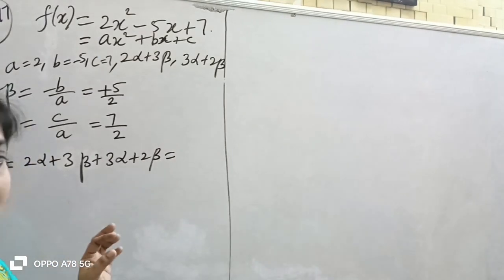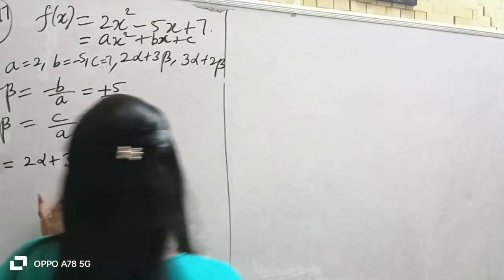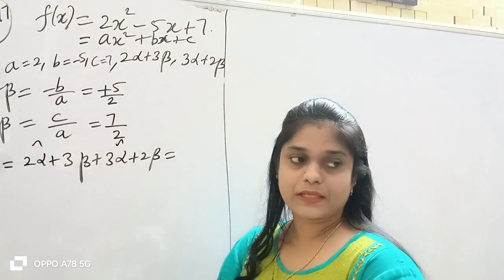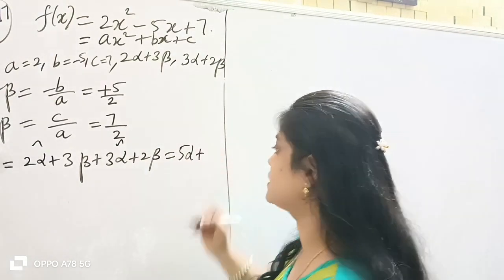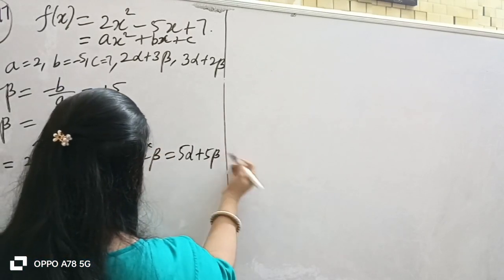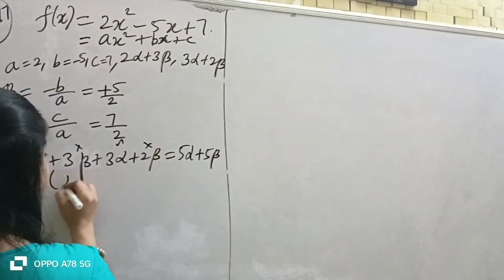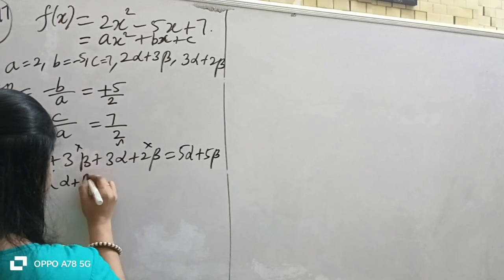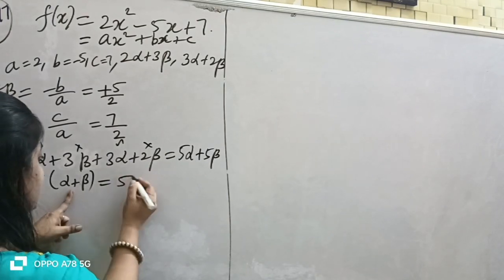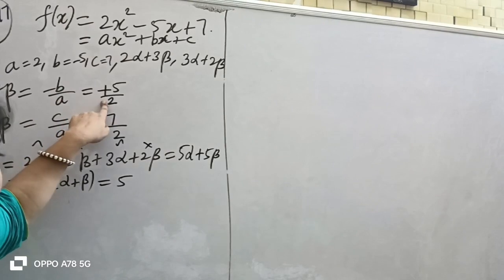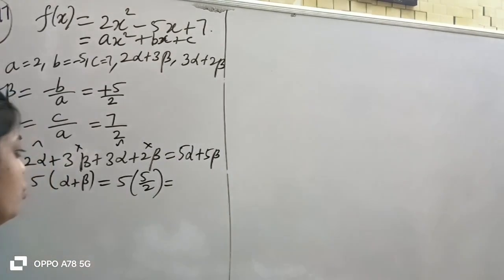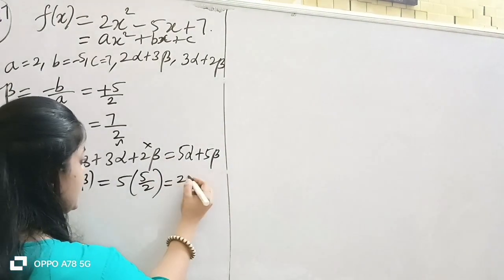When adding, we should add only like terms. So 2 plus 3, 5 alpha, plus 3 beta plus 2 beta, it is 5 beta. Taking the common factor, 5 into alpha plus beta, is it correct? Replace alpha plus beta with what you already found, 5 by 2. So 5 into 5, 25 by 2.